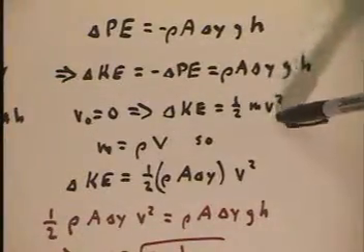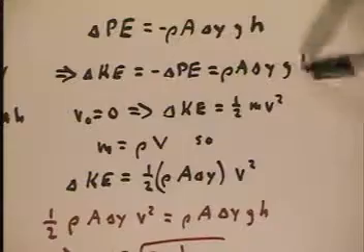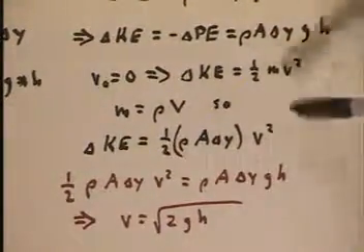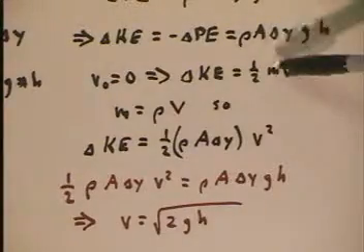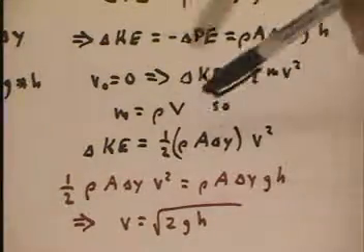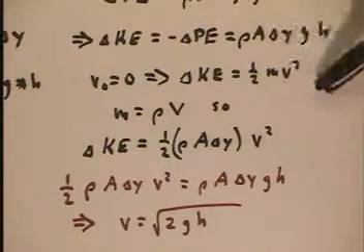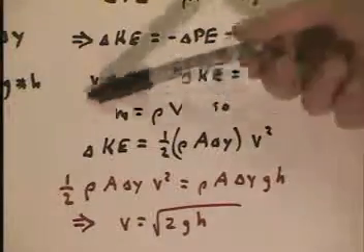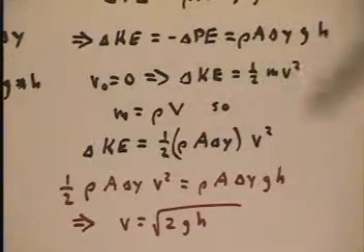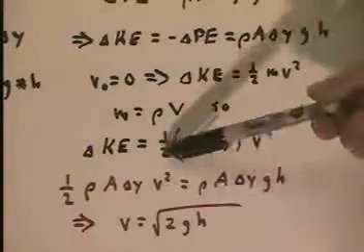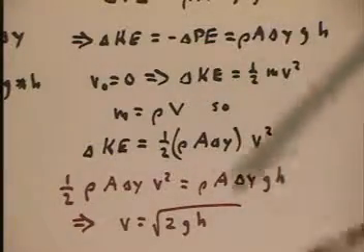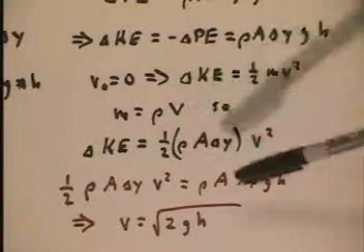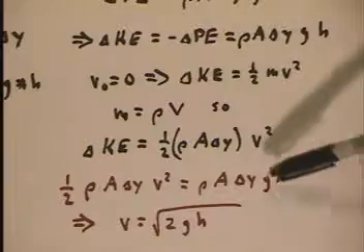Since kinetic energy goes as the square of velocity, and the exit velocity is much greater than the velocity of the falling water, we're not making much of an error by neglecting that. Although, if you have a small tube in a large hole, then that does become significant, as we'll see. Okay, so the mass being rho times volume tells us that our change in kinetic energy is 1/2 times rho A delta y v squared, the volume being A delta y, as we saw earlier.